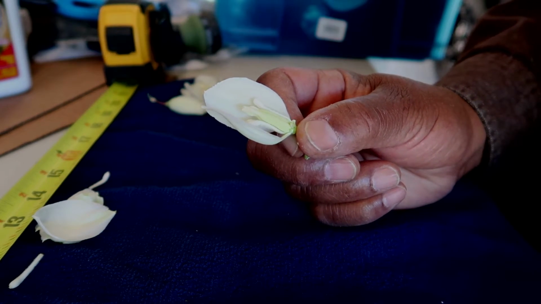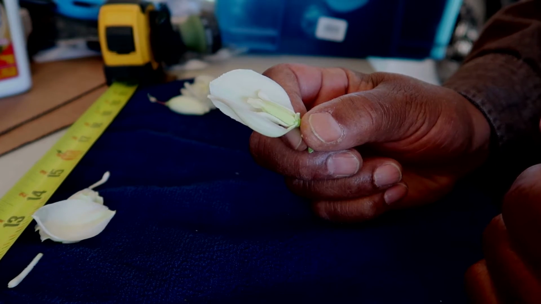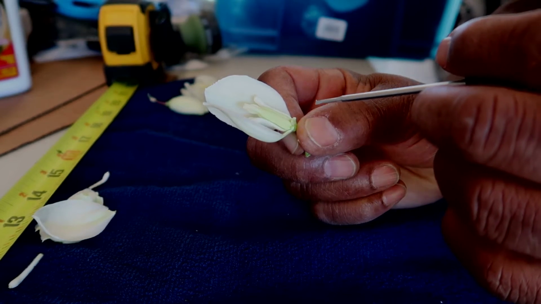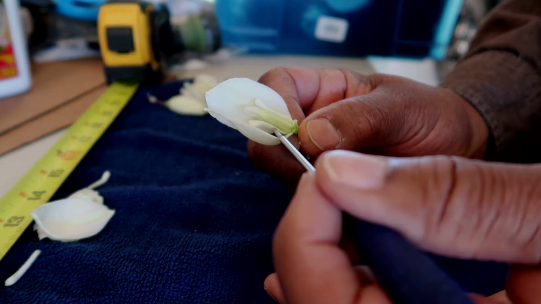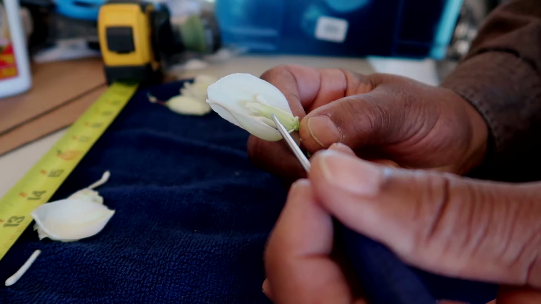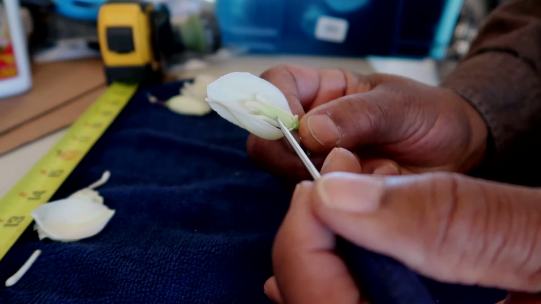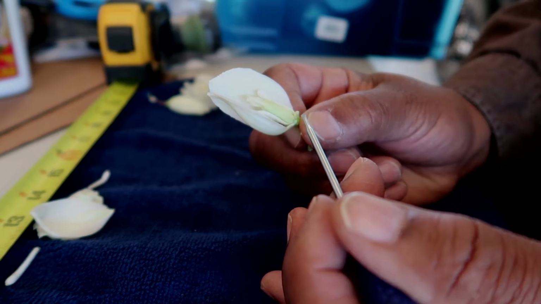And after it has collected a pollen ball, which it tucks up under its chin by using special tentacles, it will then proceed down into the flower and penetrate the style somewhere along here with a structure called an ovipositor.